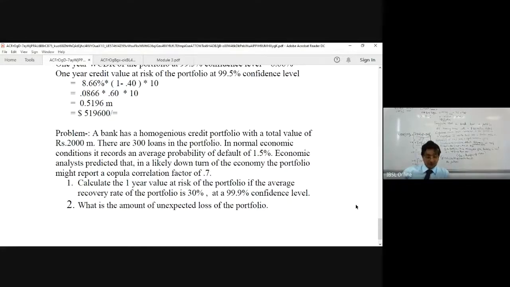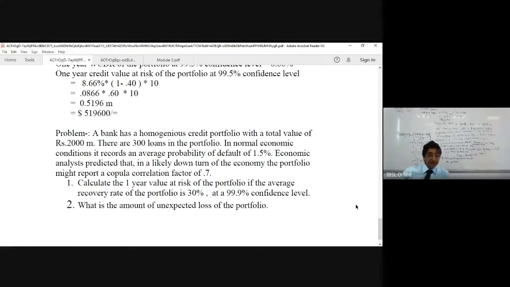Rho is 0.7, 1 minus 0.7 is 0.3, so you have to get the square root of 0.3. By that you calculate a particular figure, and you look at the normal curve table and get the value. So N of that is how this answer comes. It is not the value at risk; you will get the worst case default rate.